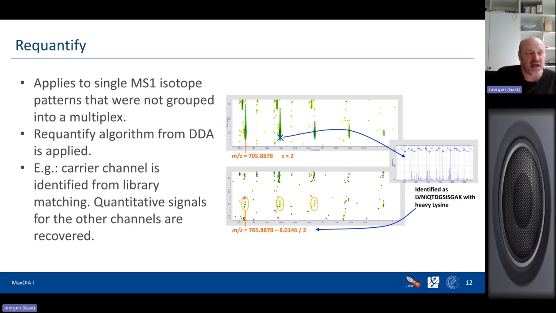That might then be underestimating the ratio, because it is a very faint signal that by itself did not lead to an MS1 isotope pattern detection, but you might with that pick up a good estimate for very extreme ratios as well. So exactly the same as you know it from DDA MaxQuant.